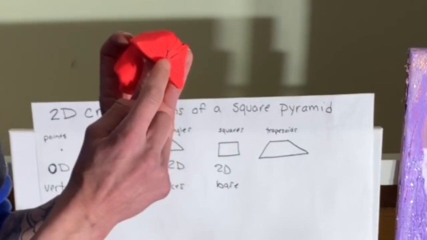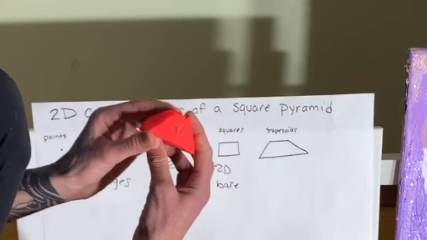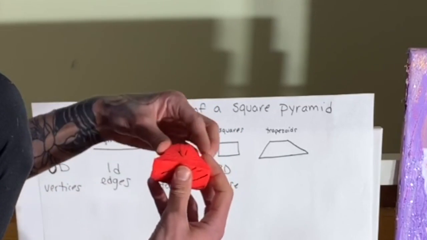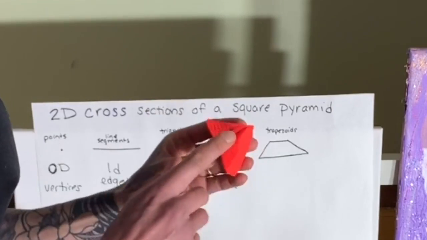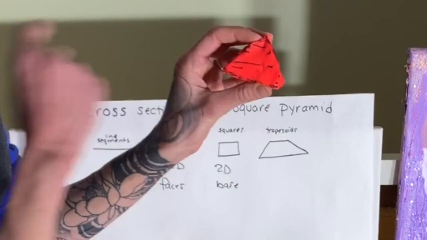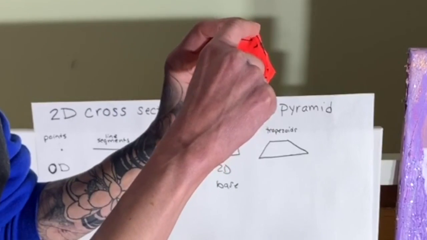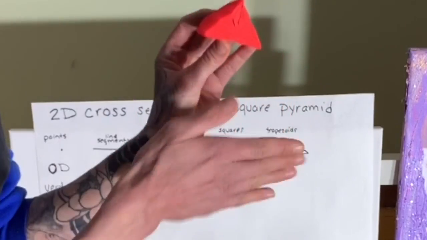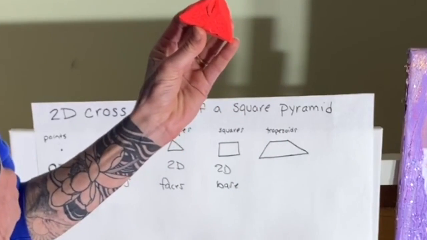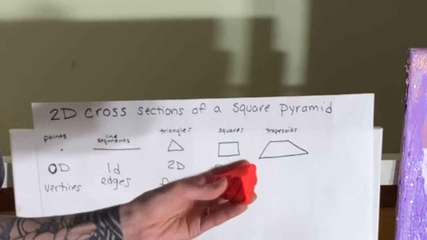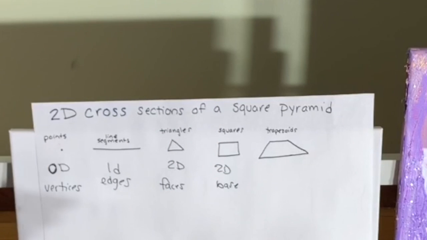It's pretty cool on the Play-Doh. But we can sort of patch that back up, and you see that the face of the pyramid has a taller height than the cross section through the apex perpendicular to the base. So those are two different isosceles triangles that we can form.